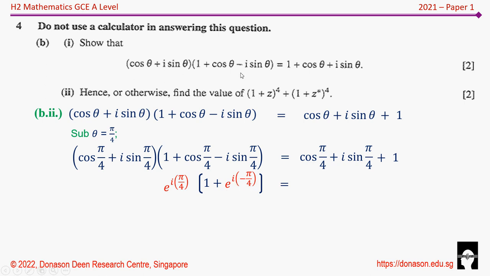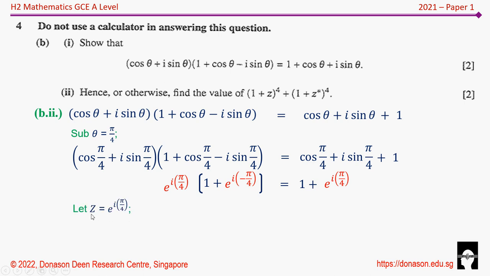It is very similar to what we did for the earlier part. And this should be equal to, if I change this also into exponential form, 1 plus e to the power of i pi over 4. I wrote the 1 in the front and this part at the back. So that's what we have.